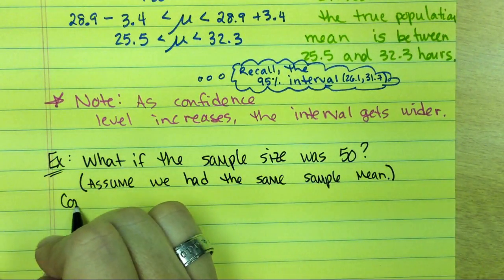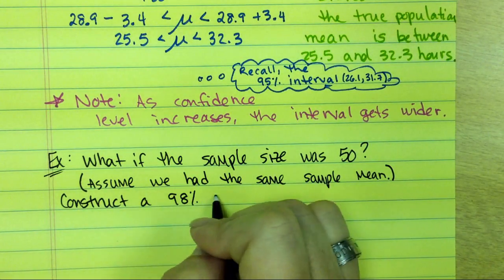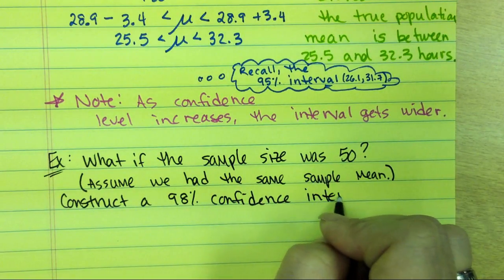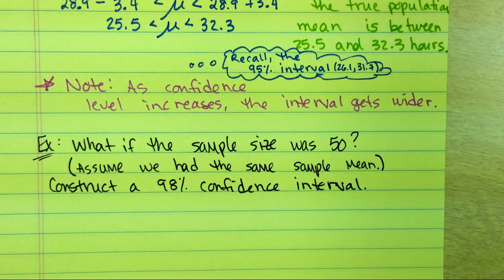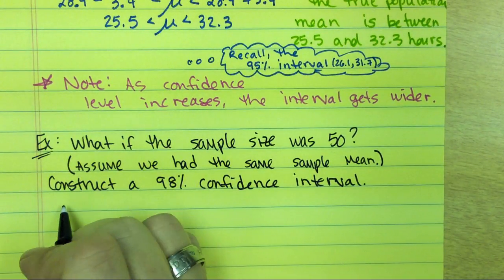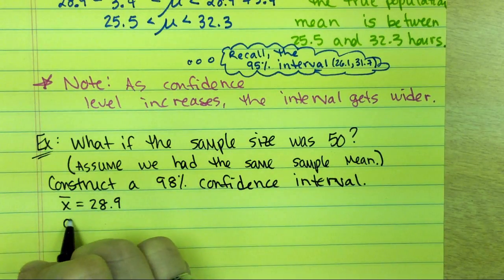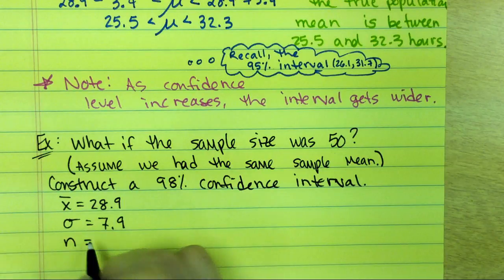And we're going to construct a 98% confidence interval. So let's see what happens if we change the sample size. What happens to our interval? So we're going to keep the same information. X bar was 28.9, sigma was 7.9, but now our sample size is going to be 50.